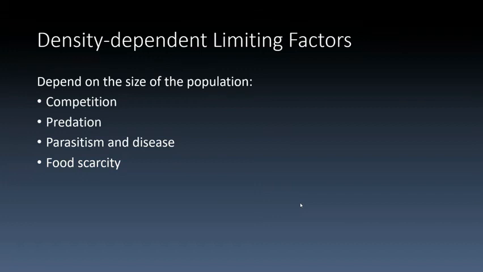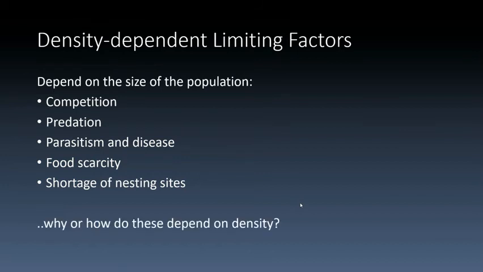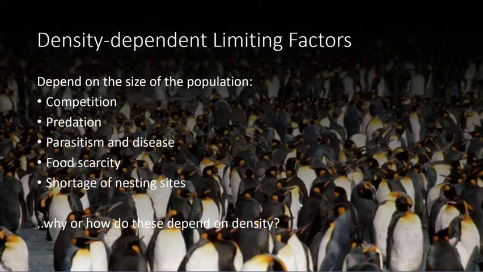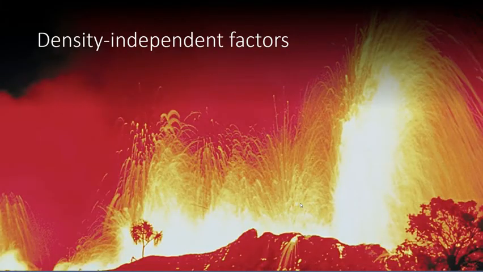Disease tends to happen more in populations that are dense, and food is more scarce when you have a dense population. Also, for animals that nest, we'll see a shortage of nesting sites. And you should know why or how these things depend on density. Consider these very densely populated penguins.